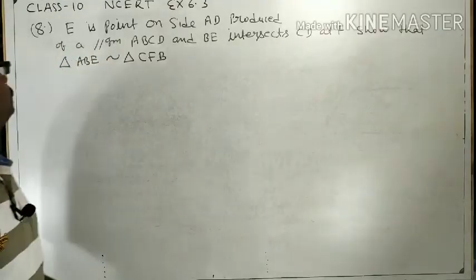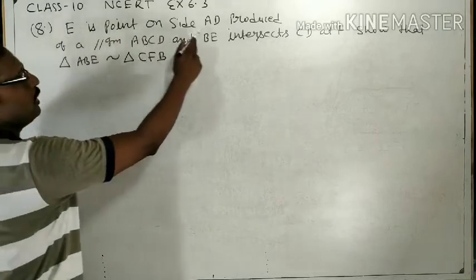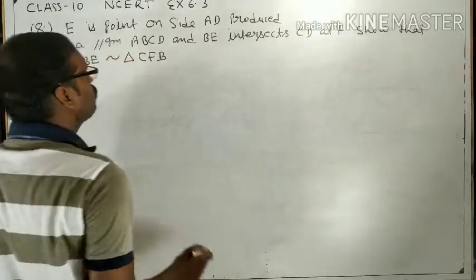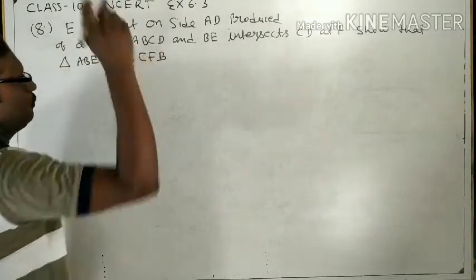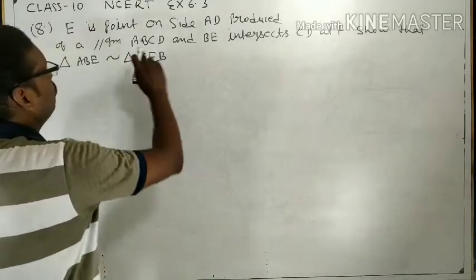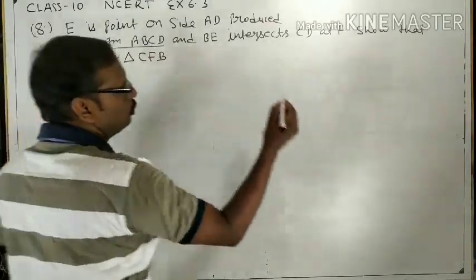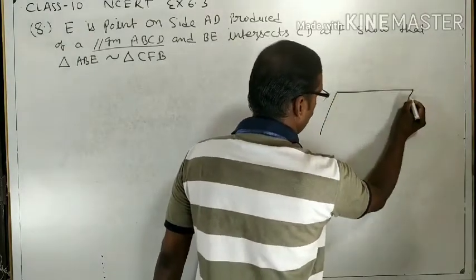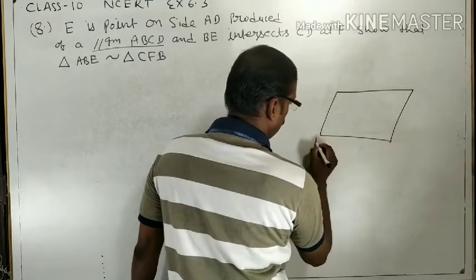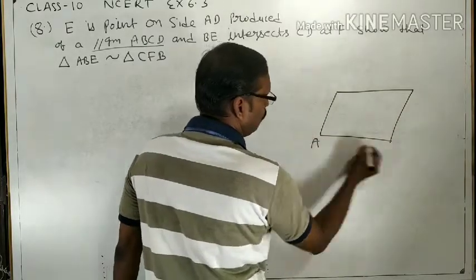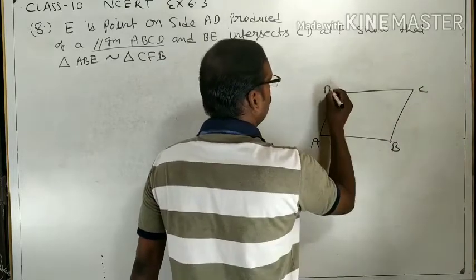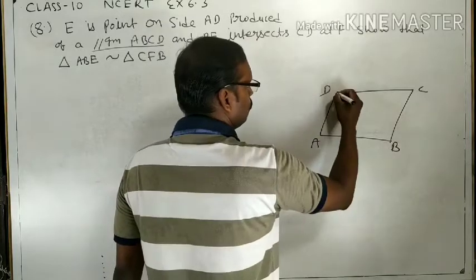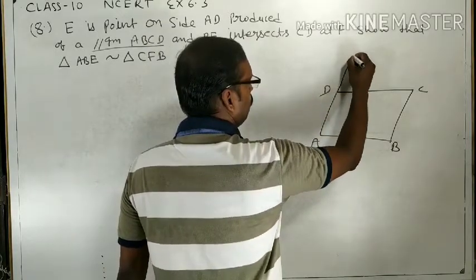Now we are going to solve question number 8. E is a point on side AD produced of a parallelogram ABCD, and BE intersects CD at F. We have to show that triangle ABE is similar to triangle CFB. So first we need to draw a parallelogram ABCD, with vertices A, B, C, D. E is a point on AD produced, so we produce AD and E is a point on it.